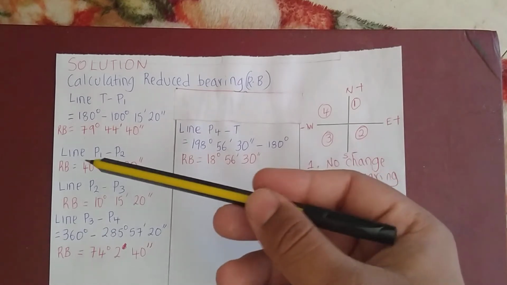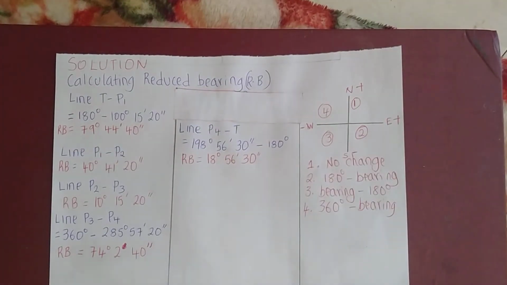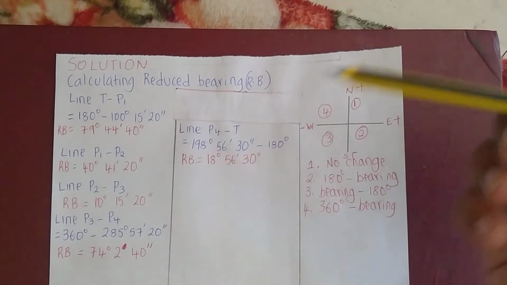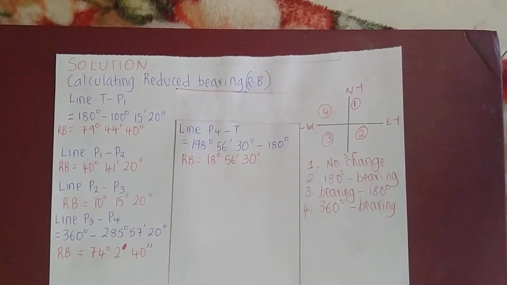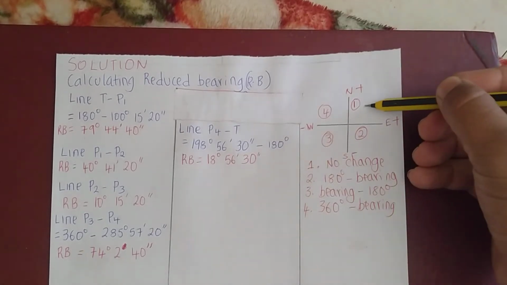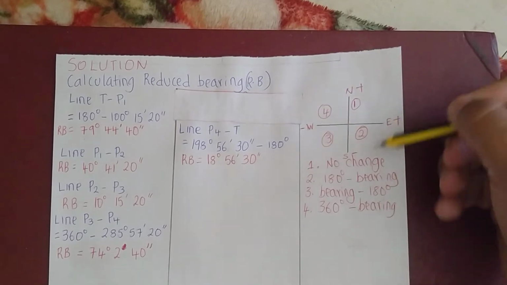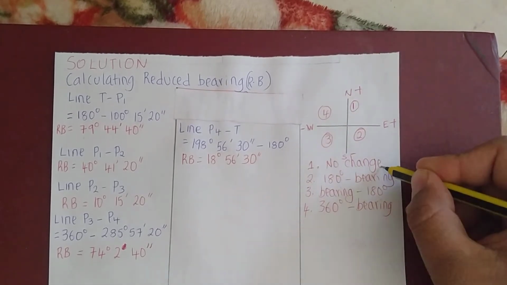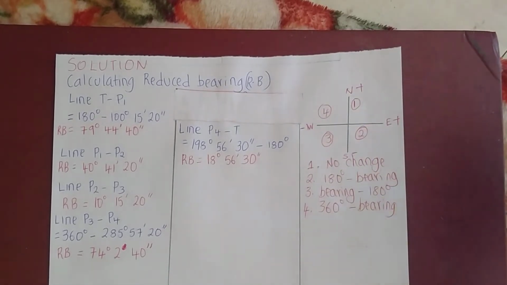We shall do the same for line P1P2. We are given that it had a bearing of 40 degrees 41 minutes and 20 seconds, so it falls in the first quadrant. You can see that the first quadrant has no change, so our reduced bearing will remain the same, that is 40 degrees 41 minutes and 20 seconds.